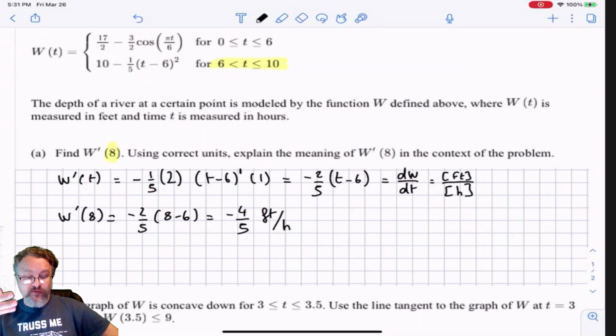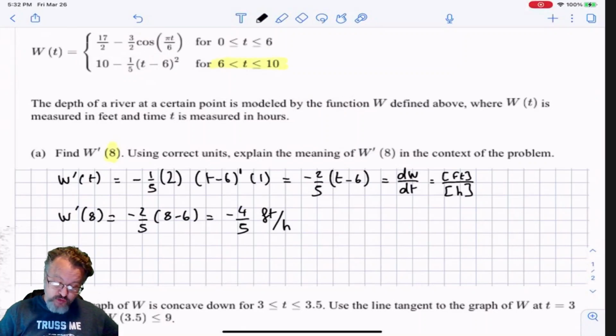The depth of a river at a certain point is modeled by the function w defined above, where w is measured in feet and time t is measured in hours. So the depth of the water at a certain point is changing. Using the correct units, express the meaning of w prime at 8 in the context of the problem.